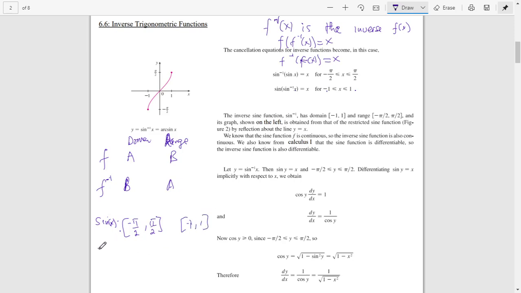Then for its inverse, sine inverse of x, that flips. The domain becomes the range of the original function, which is from negative 1 to 1, and the range becomes this, from negative pi over 2 to pi over 2.